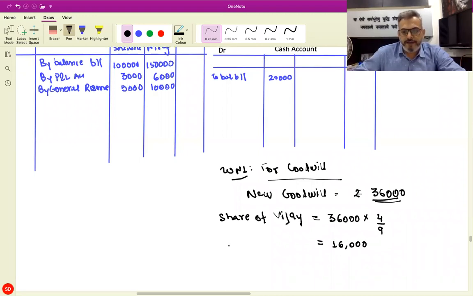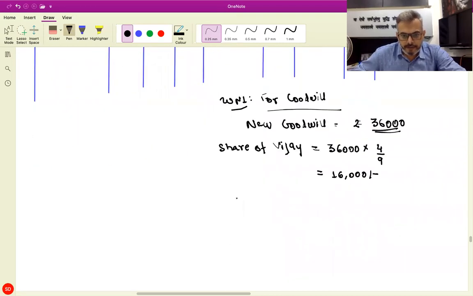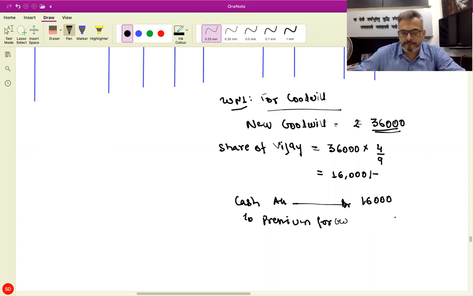So we pass the entry now. Cash account debit 16,000 to premium for goodwill 16,000.